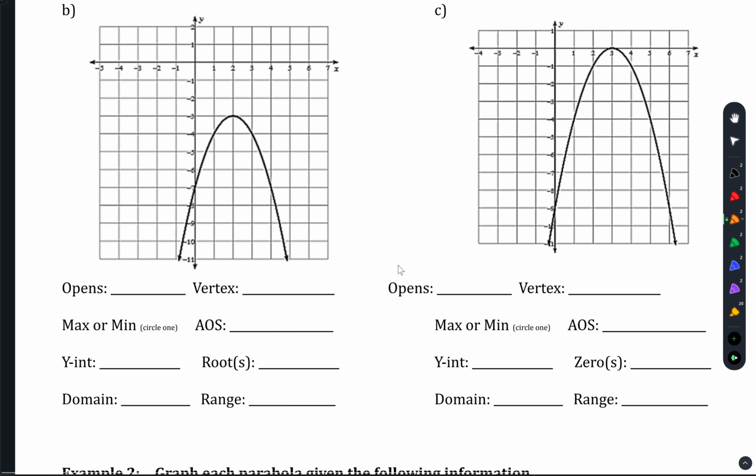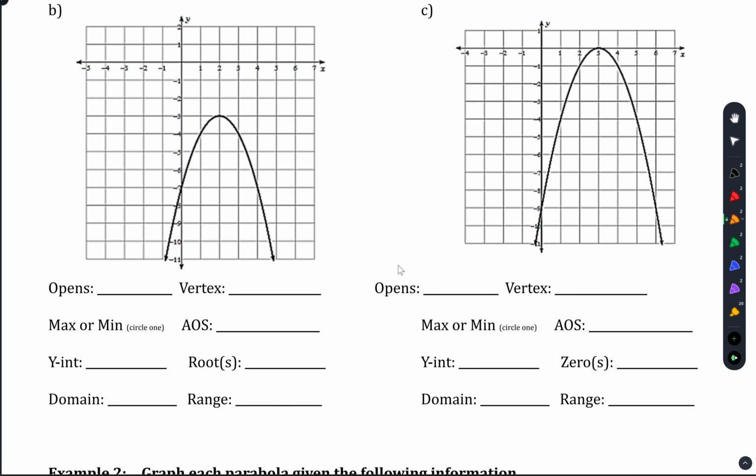Okay. Flip it over. Look at B. Opens up or down? Down. What is the coordinate of my vertex? Here it is, right here. What's that coordinate, Chaz? Beautiful. Is that value a maximum value or a minimum?